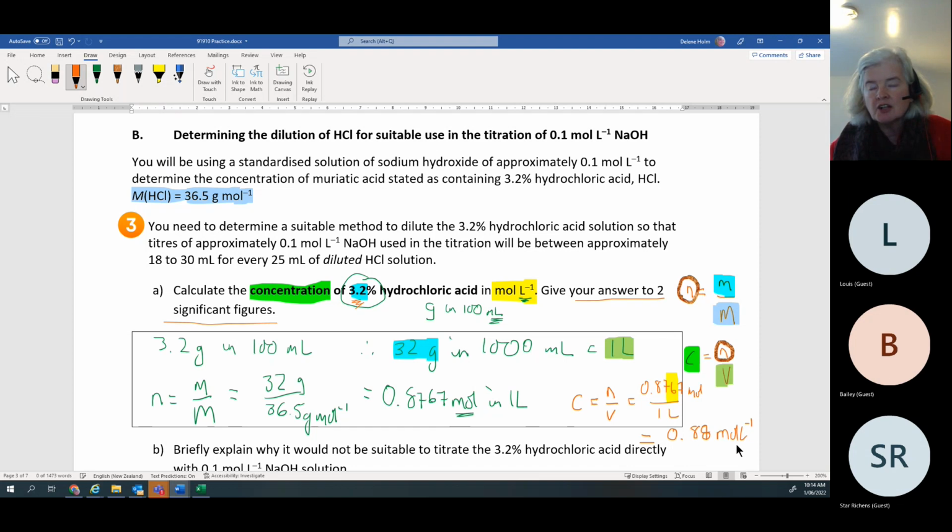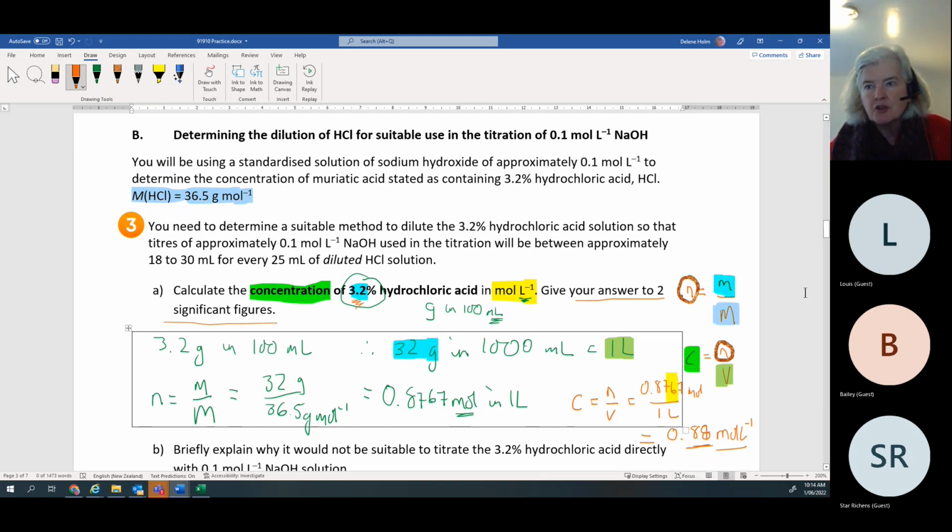So whenever you've finished a calculation, remember the 3 steps. Have I got a unit? Have I got the right number of significant figures? Is my answer sensible? Now, in this case, you can't really see whether your answer is sensible or not.